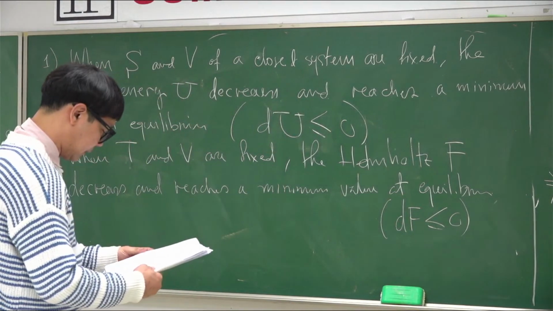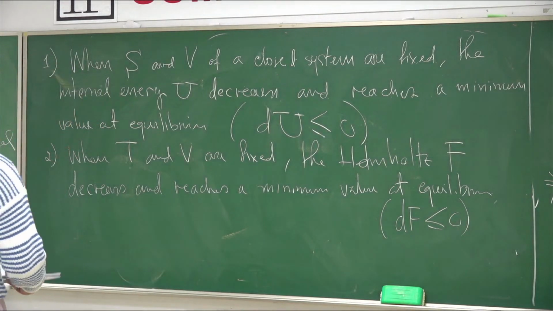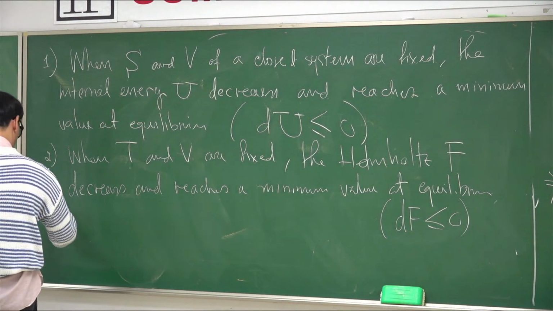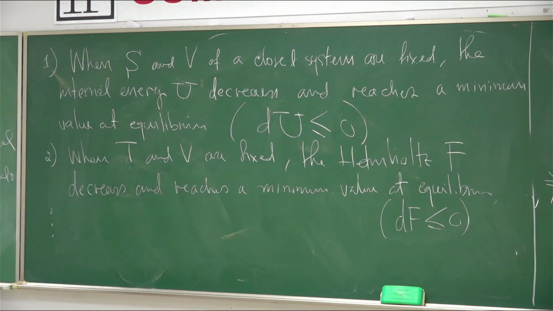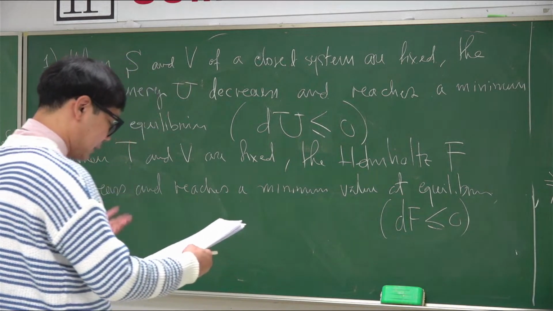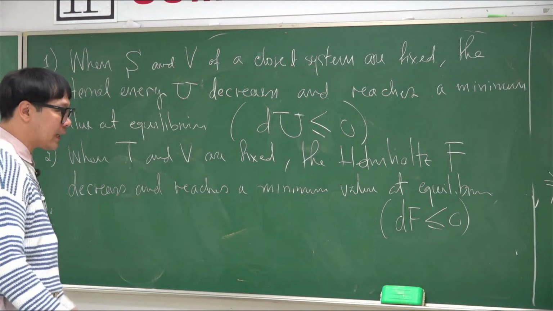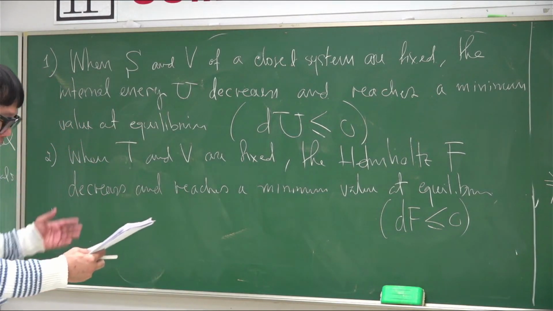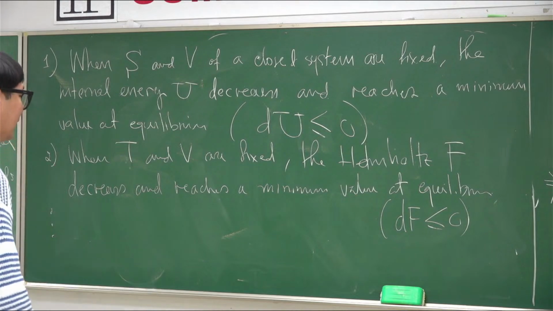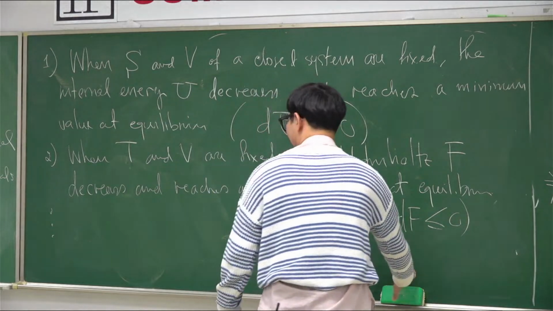And of course, there are more actually. If you keep P and S constant, then the enthalpy will be decreased, and if you fix T and P, all right, your Gibbs will be decreased somehow.